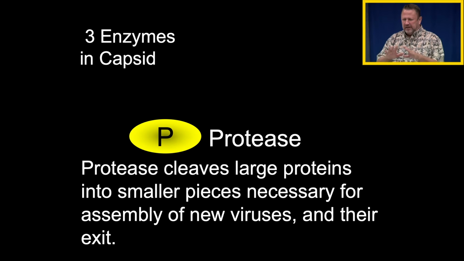Anything that can break a peptide bond we'll call a protease. We even talked about acetylcholinesterase being a protease when we had the second lecture. And so proteases will break apart the large proteins into their smaller pieces necessary for the assembly of new viruses.